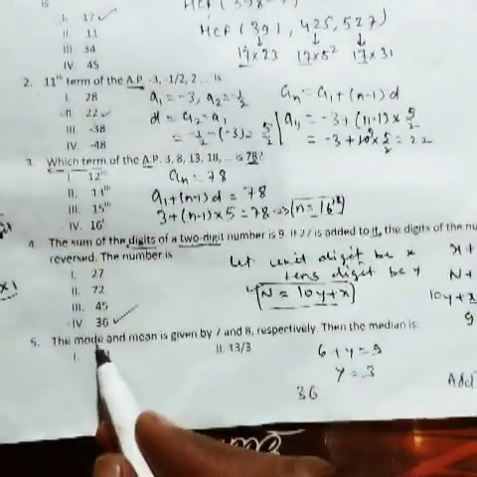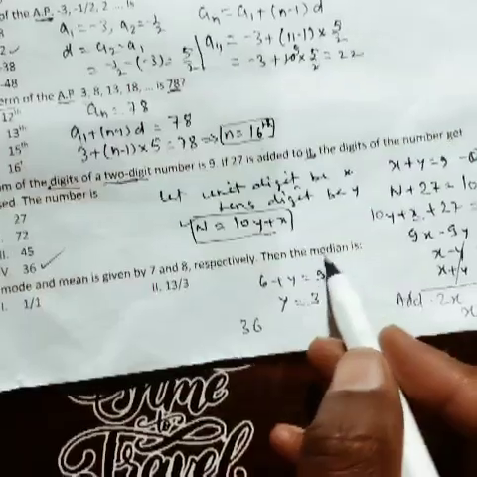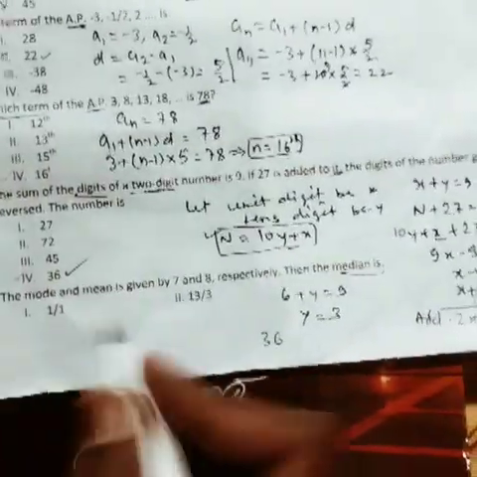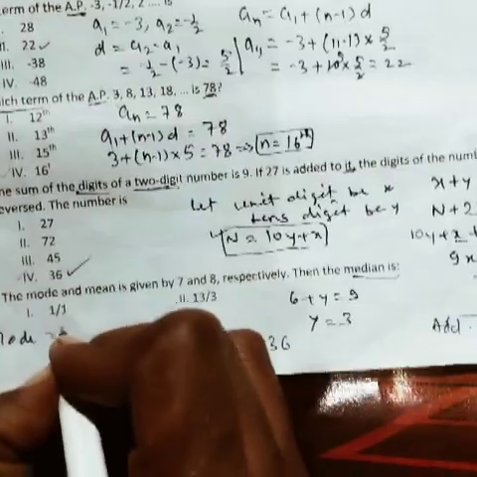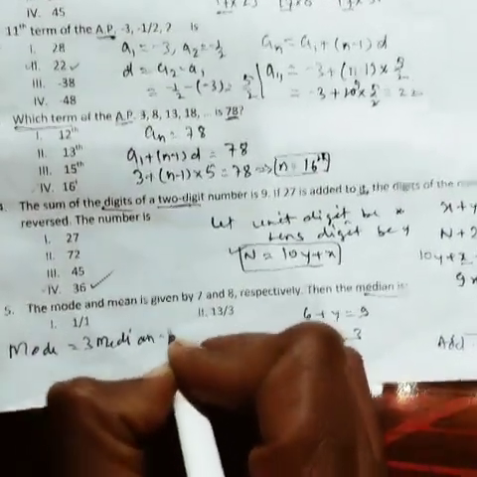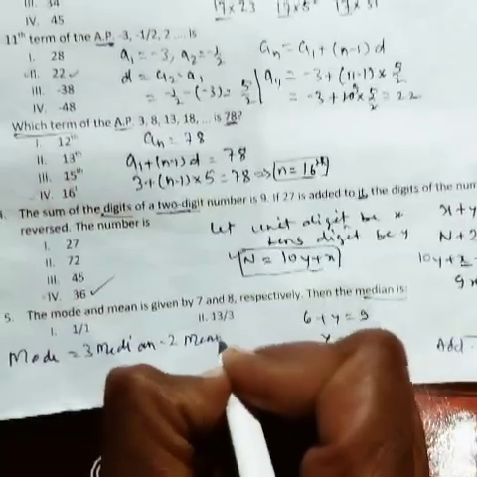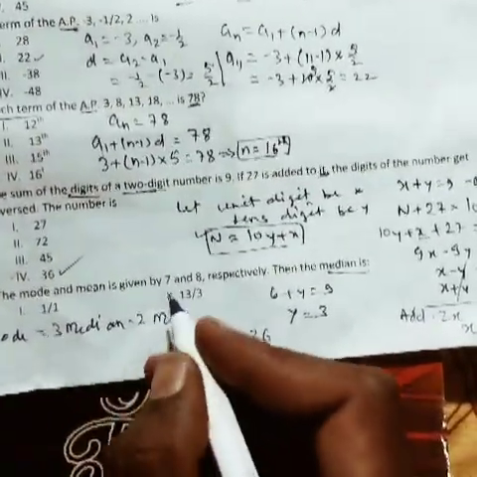And this question has been asked from statistics. Mode and mean are given as 7 and 8 respectively, find the median. So we have learned a formula that mode is equal to 3 median minus 2 mean. By using this formula we can easily find out the median of this given question.